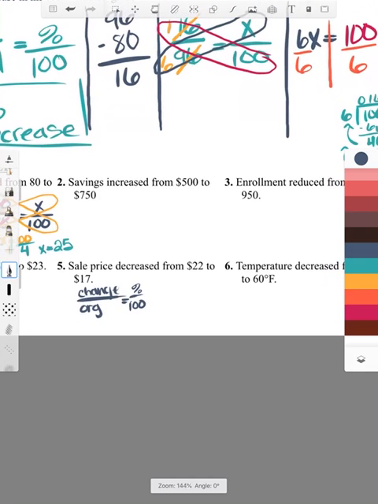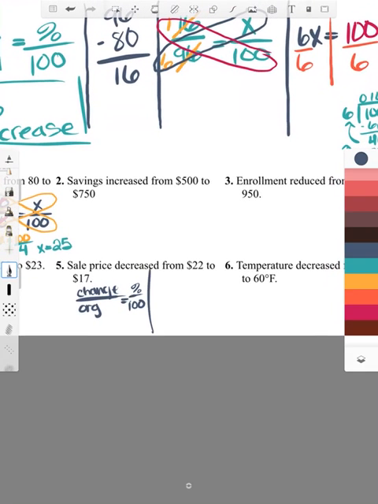It went from $22 to $17. That is a change of 5, because 22 minus 17 is going to give us 5. The original price was $22. We don't know the percentage change yet, but we know that we're going to put it over 100.